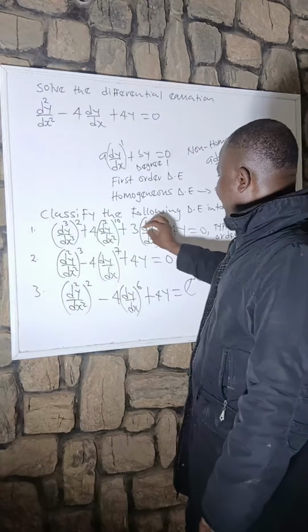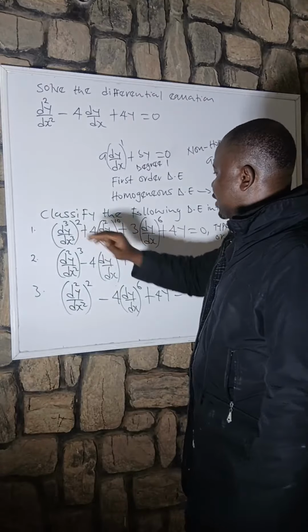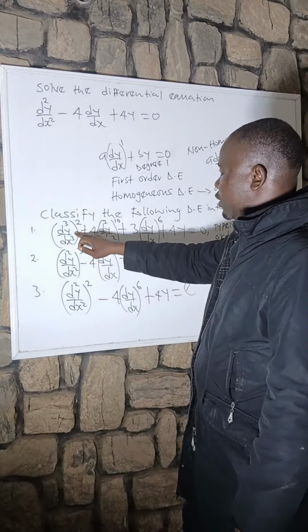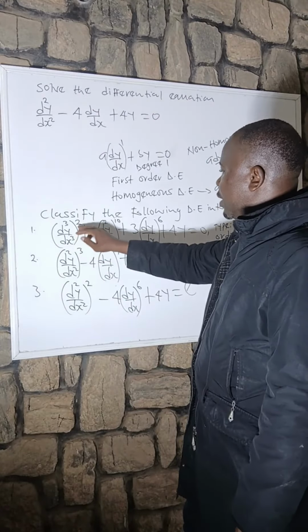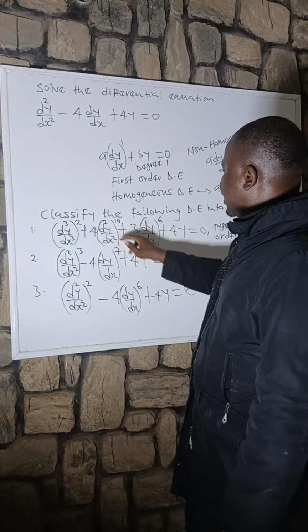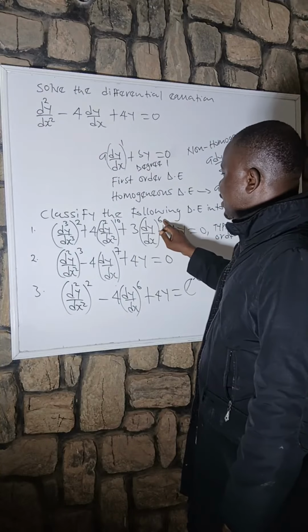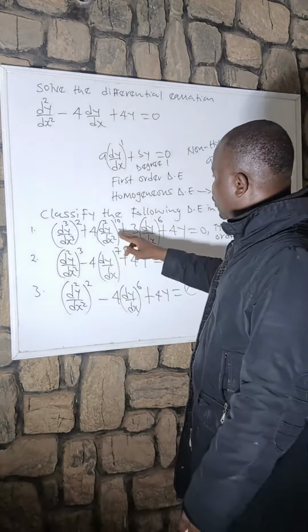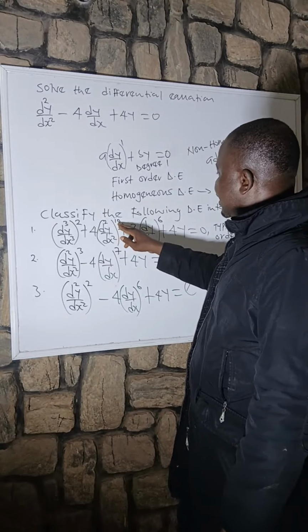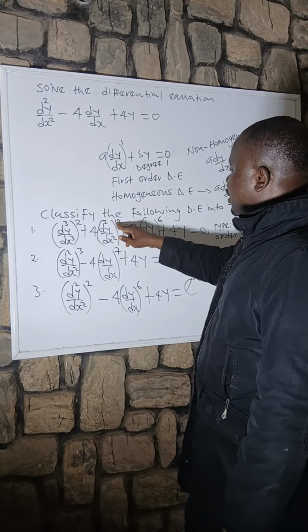What is the highest order in this differential equation? We know that we have all in bracket raised to power 2, all in bracket raised to power 10, all in bracket raised to power 6. I know some of you want to come and write that the degree of this differential equation is 10.